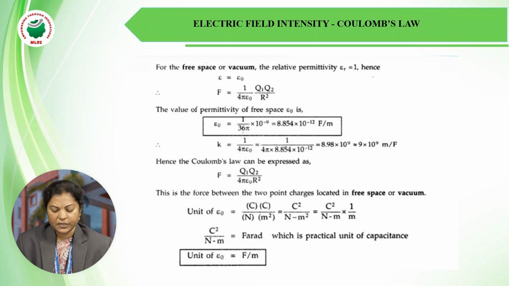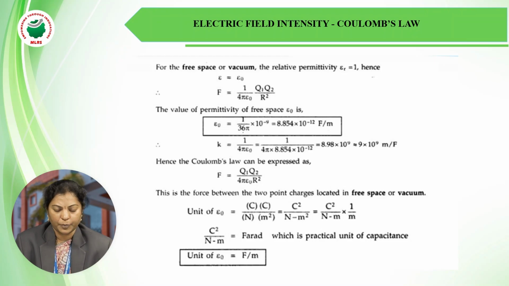For free space or vacuum, relative permittivity epsilon r equals 1. Hence for free space epsilon equals epsilon naught, and the force is 1 by 4 pi epsilon naught into Q1 Q2 by R square.